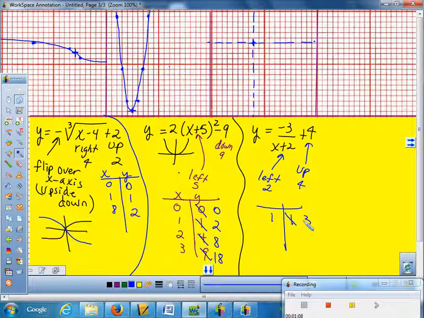So if this one flips, where's it going to go? Second, fourth. It flips where the graph is. So now this is 1, 3. So now I'm going to go 1 and 3 down, and 1 over and 3 up on this left side, so that the negative just flips the graph.